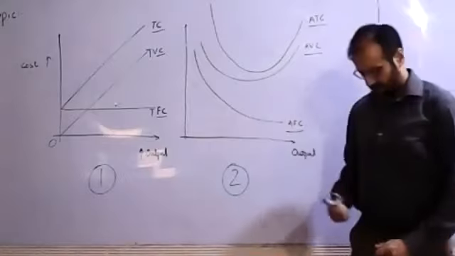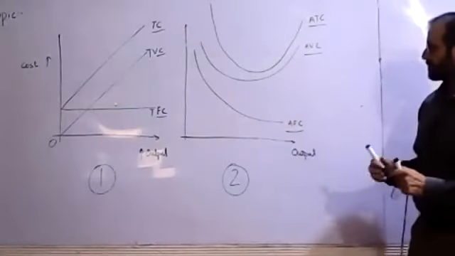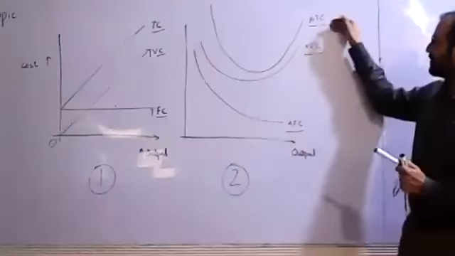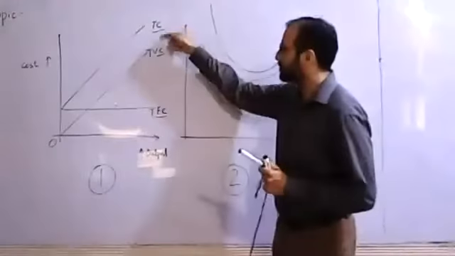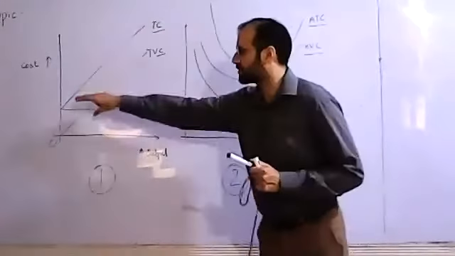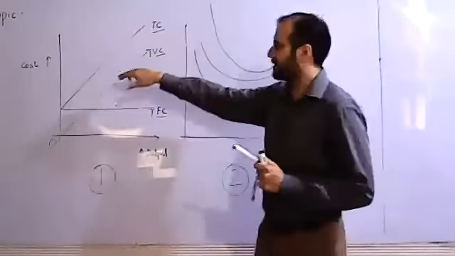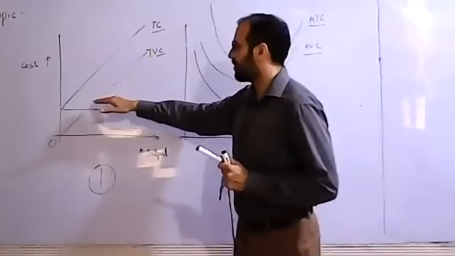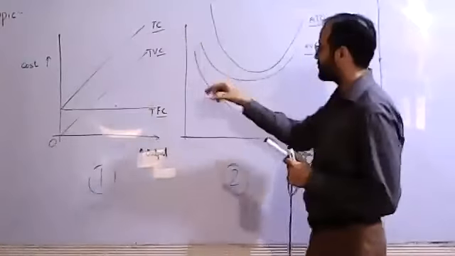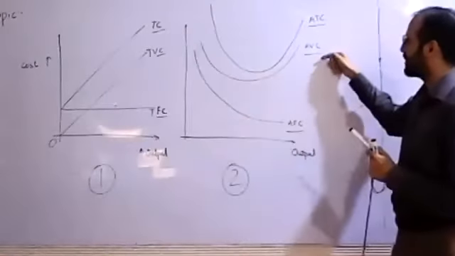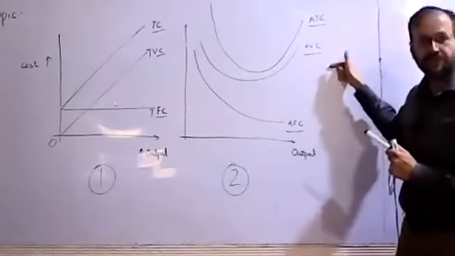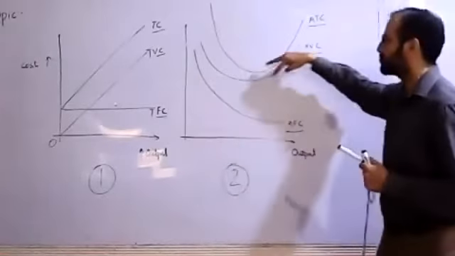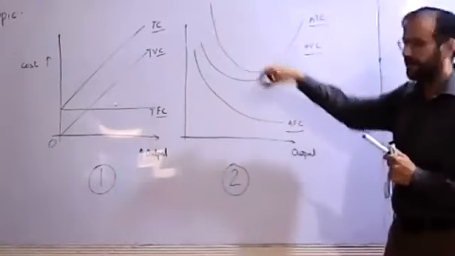Okay, so in this way, we are going to find out how the average total cost and average variable cost are behaving. As you could see, the total cost and total variable cost are both moving parallel. Like if they are increasing, they're all increasing in the same direction. And the same happens when we are drawing the averages. So you can see that the average total cost and average variable cost both are almost moving in the same trend.